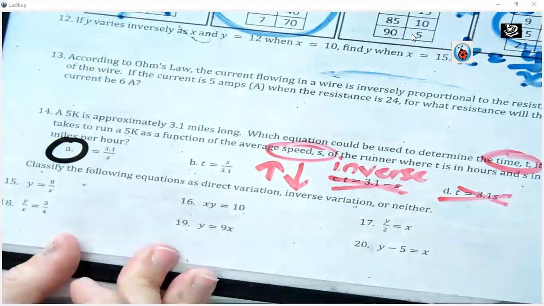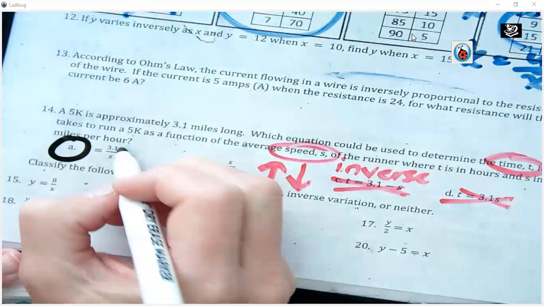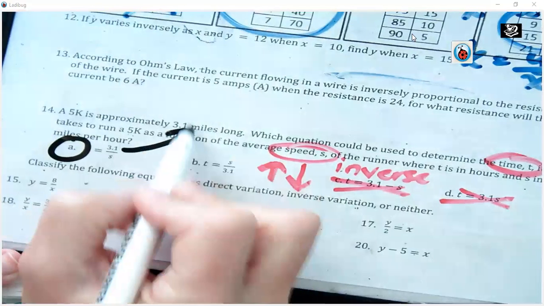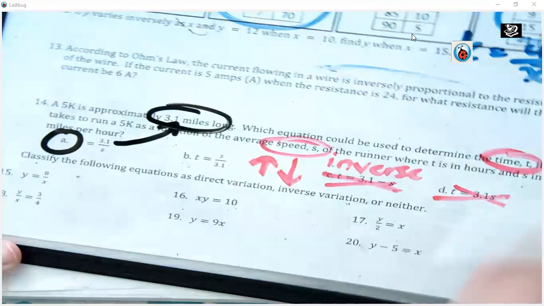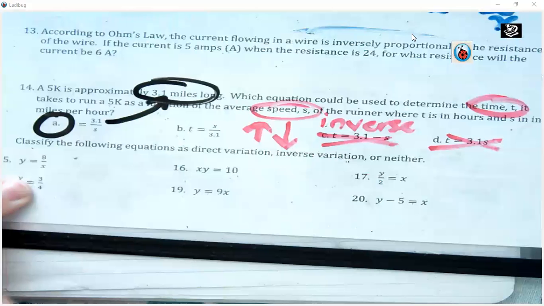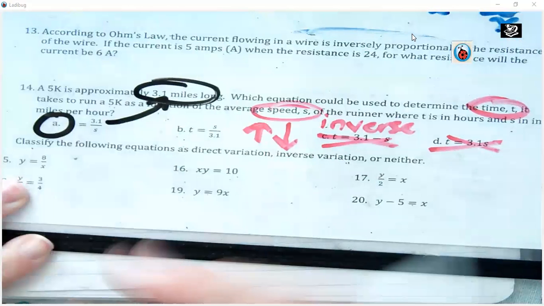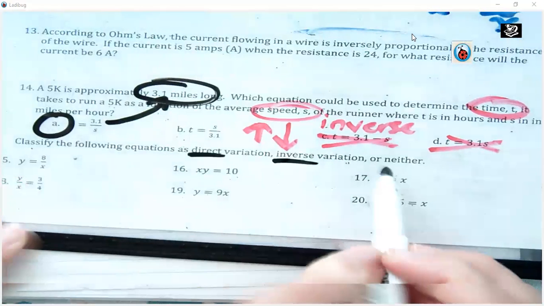Because it is your K, it's your constant. The race is going to be 3.1 miles long for everyone, regardless of how fast they are. That's constant.